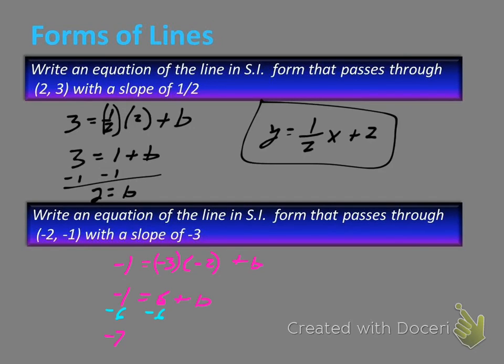You get negative 7 equals b. Rewrite it: y equals negative 3x minus 7. Isn't 1/2 times 2 3? 1/2 times 1/2, or 1/2 times 2? No, it's 1.